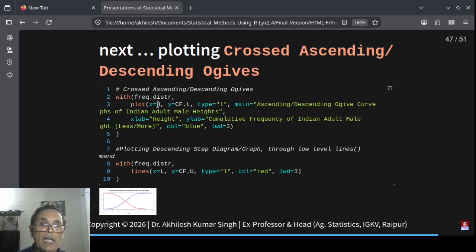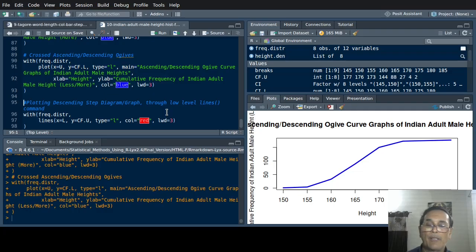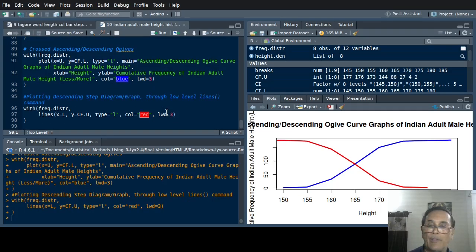So for the ascending, we use the upper limit and the cumulative frequency of less than type, and here we have the opposite: this L is the lower limit, and this is the cumulative frequency of more than type. Okay, and in RStudio we can do this like this. Okay, and you see this is how the second is prepared.